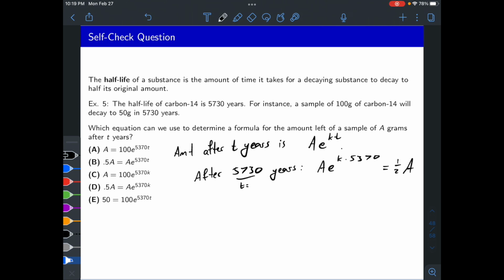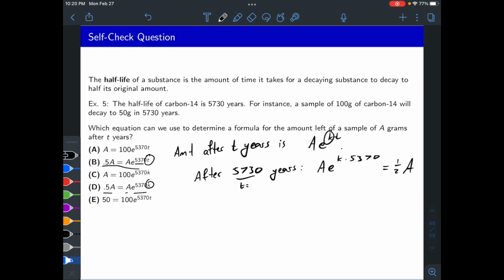So which of these does this match? We have 0.5A equals A times e to the 5,730k. So I think that it's matching D. Notice that in B, this one almost works, but over here we have a T instead of a K, and our T value should be 5,730, so we would be solving for T when we're really trying to solve for the K value.